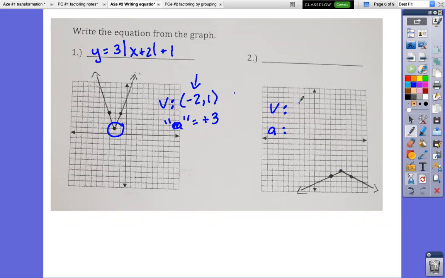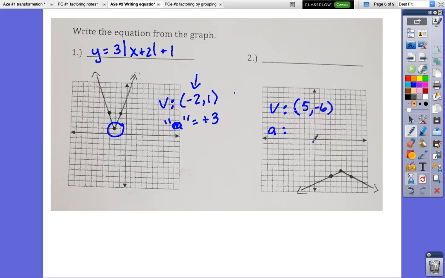So can somebody tell me, what'd you get for the vertex? Oh, not the vertex. Sorry. It's 5, -6.